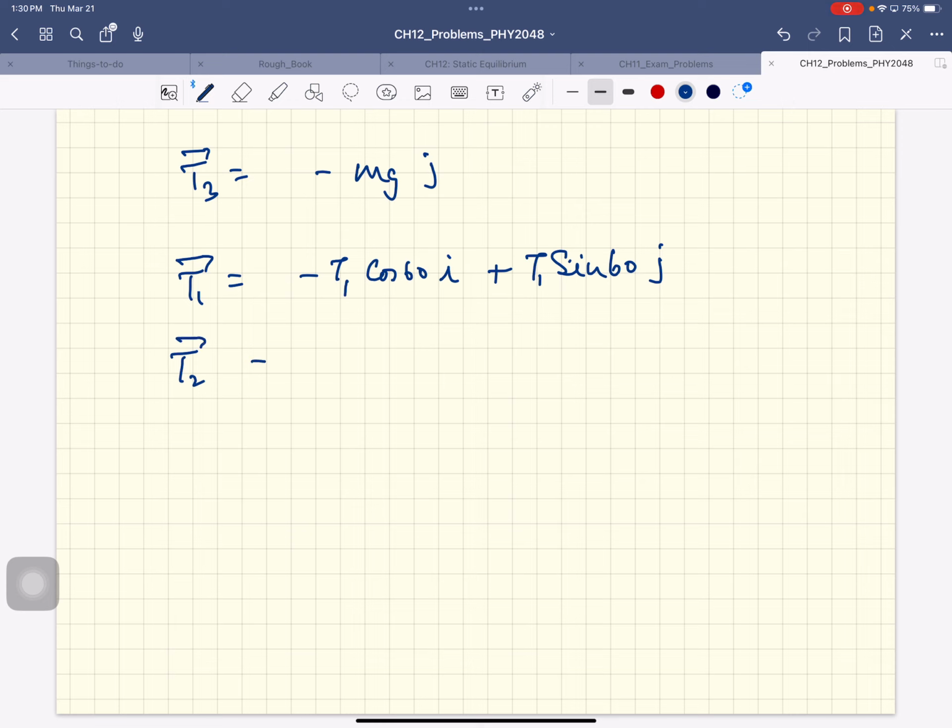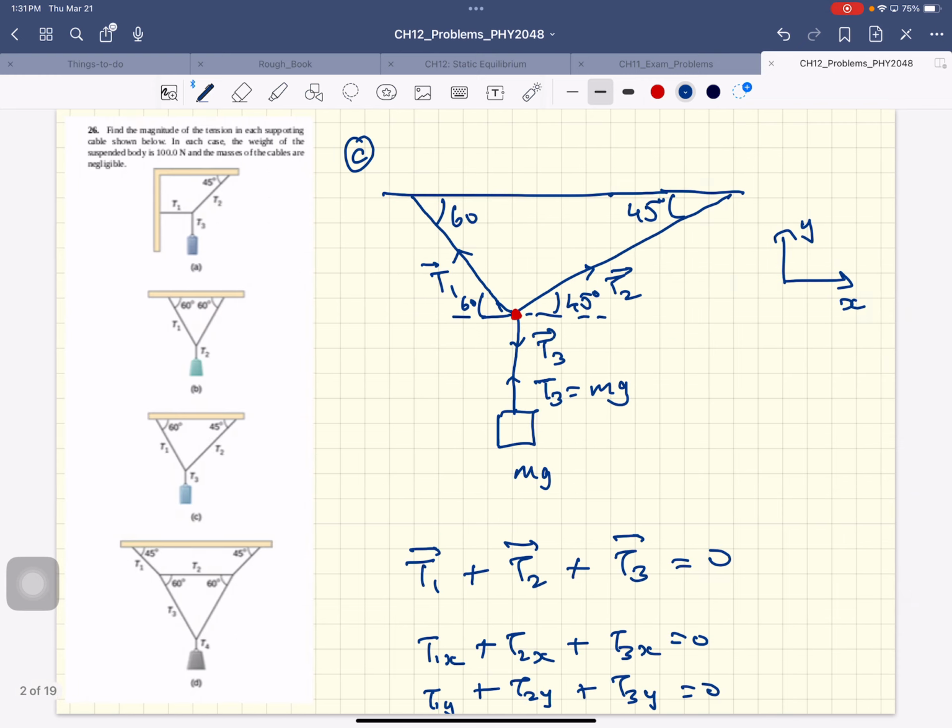T2 similarly is T2 cosine 45 i plus T2 sine 45 j. There's the x component and there's the y component. Everybody agree? Okay.